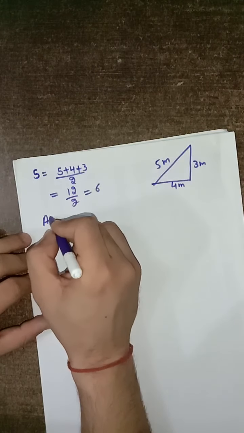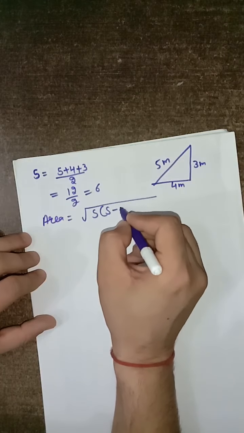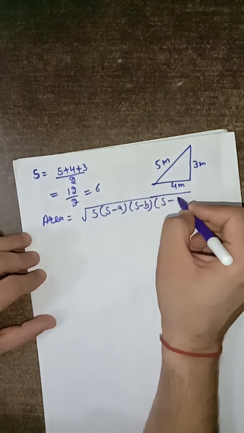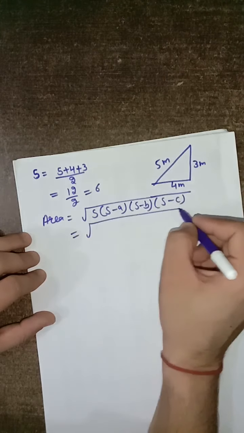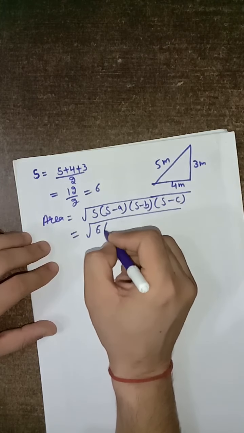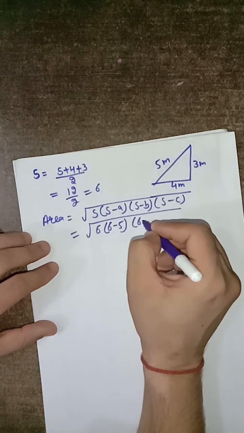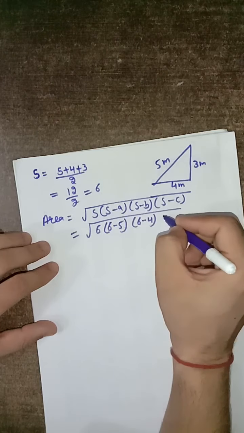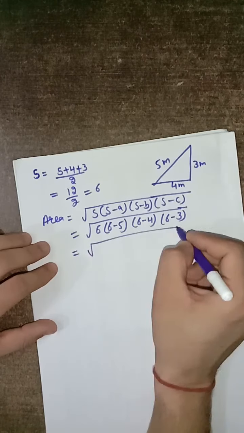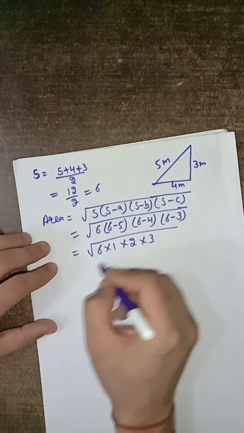Now area is the square root of s into s minus a into s minus b into s minus c. Substitute the values of s, a, b and c. S is 6, 6 minus a that is 5, 6 minus b that is 4, 6 minus c that is 3. Now solve this. This will become 6 into 1 into 2 into 3.